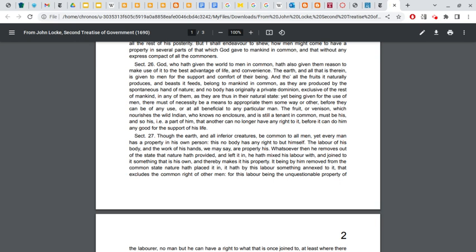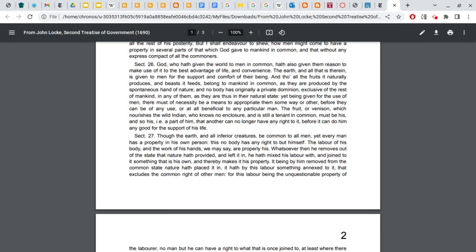And then the third step: "whatsoever then he removes out of the state that nature hath provided and left it in, he hath mixed his labor with." That's the key point: you own your labor, and then in a metaphorical sense, you mix it with the things you work on.